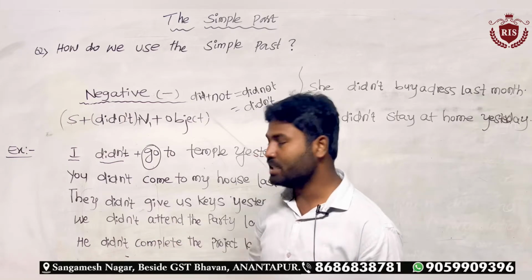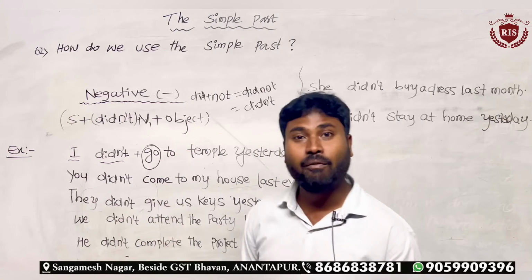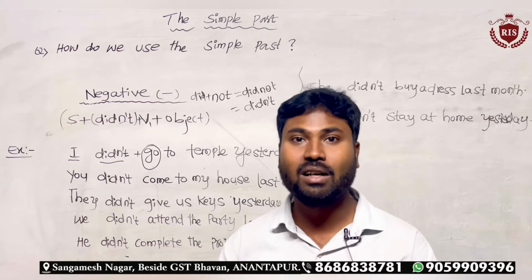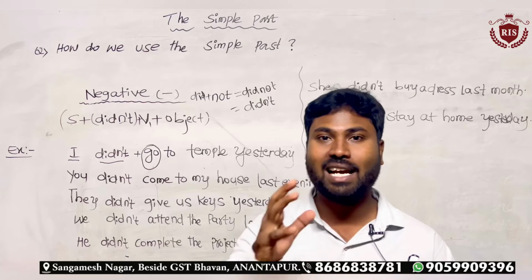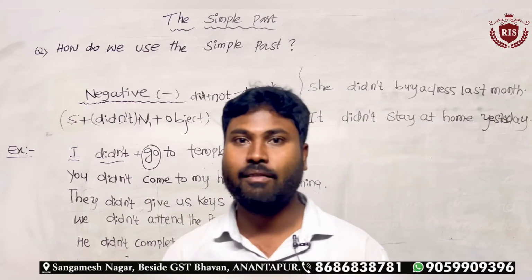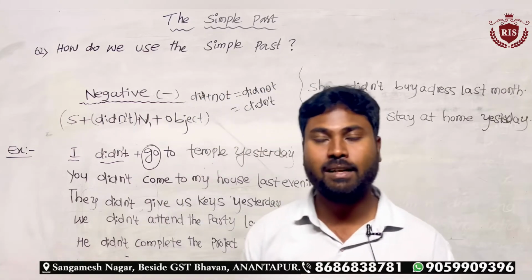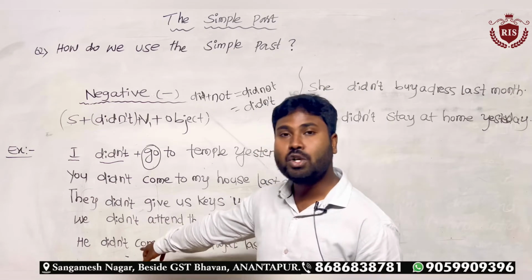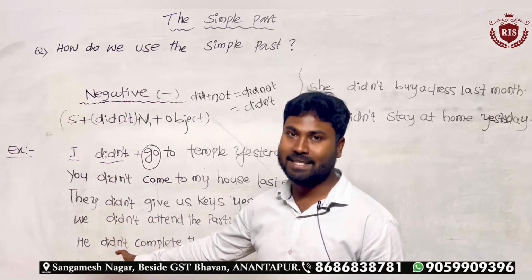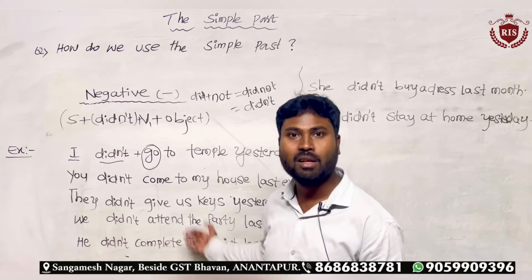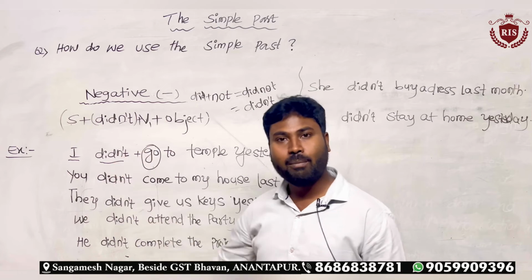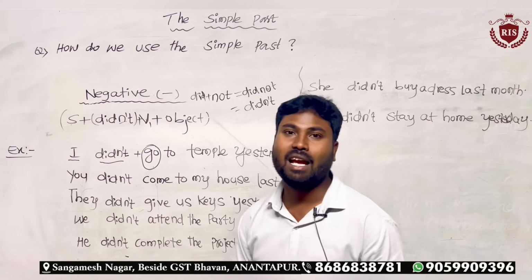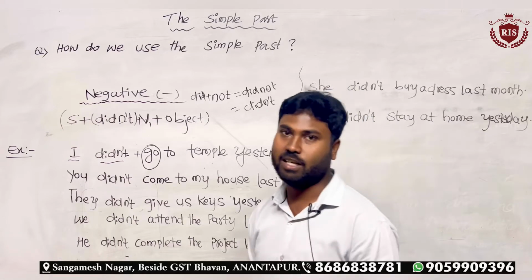If you look at the example here, we used does plus not, does not, in the negative form for the pronouns he, she, it in the simple present, right? But in the simple past we add not to the helping verb did itself, because we have only one helping verb. So for all the pronouns we use the same helping verb. We add not to the helping verb in the negative sentence.